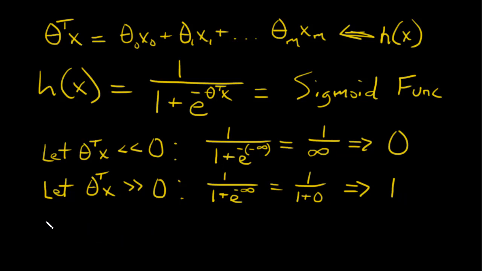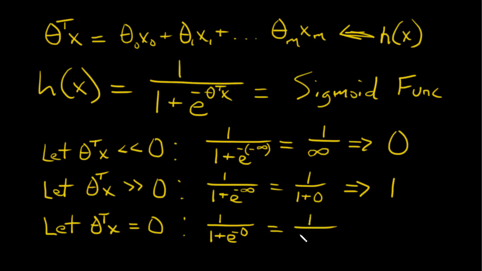And then just for completion's sake, let's let theta transpose x equal 0. So if it's equal to 0, I'm going to get 1 over 1 plus e to the negative 0, which is just going to be 1 over 1 plus 1, which is 0.5.